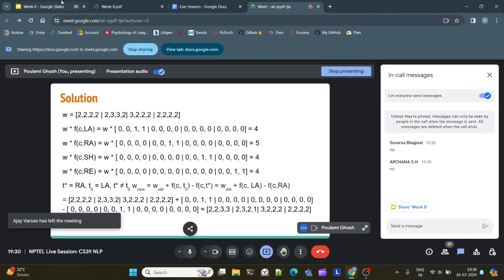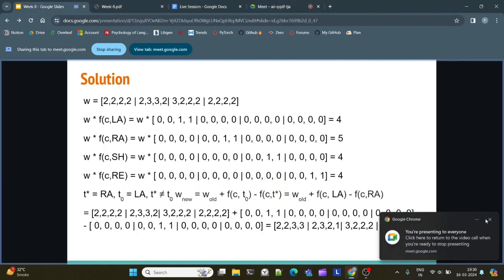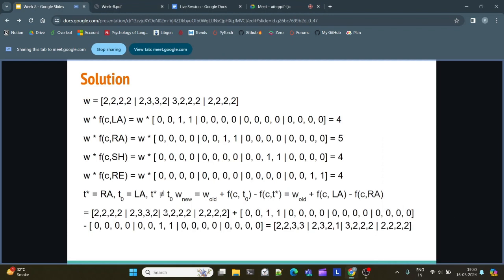In each iteration we have to see, as per intuition, what is the optimum. Remember we did a similar problem in the week 6 practice problem.